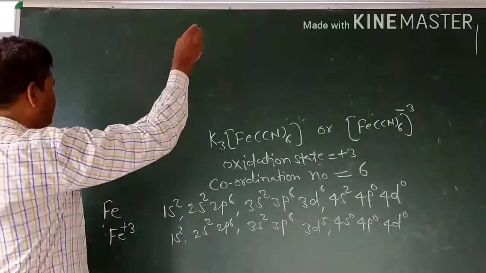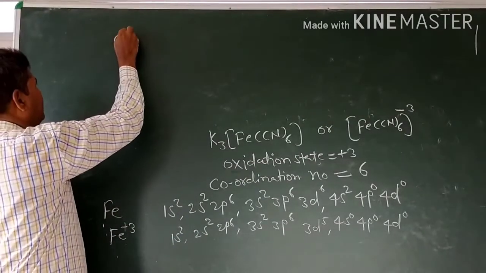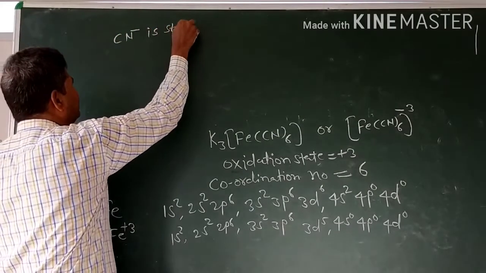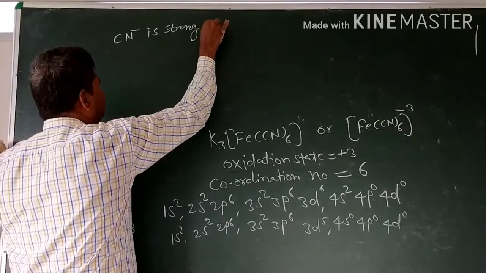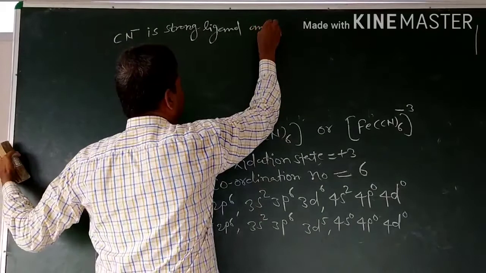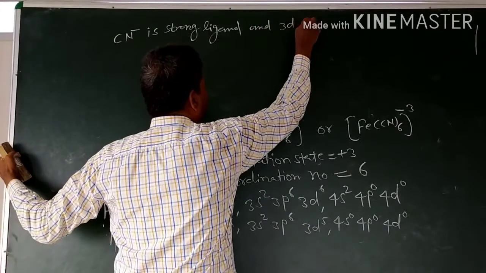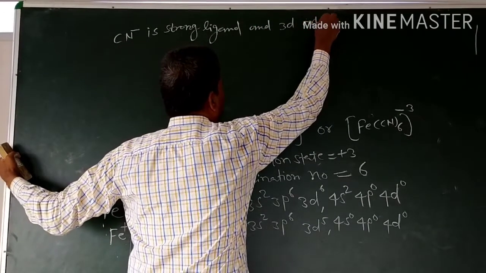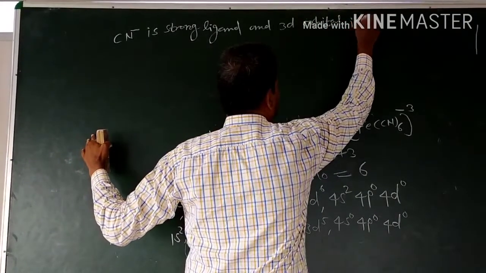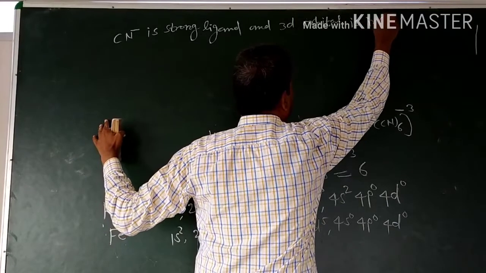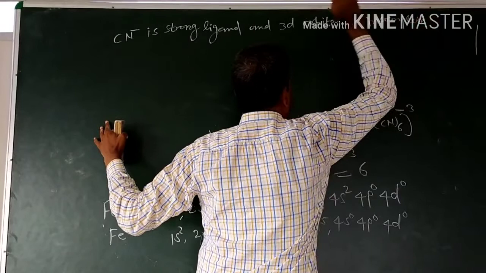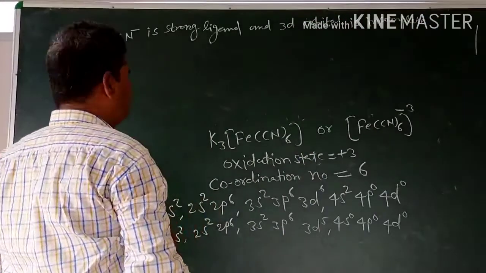Thus, cyanide is a strong ligand and the 3d orbital is incomplete. 3d orbital is incomplete.